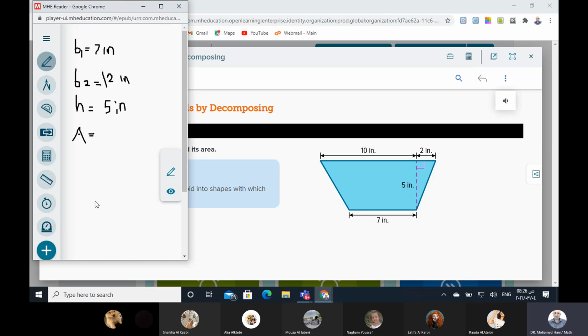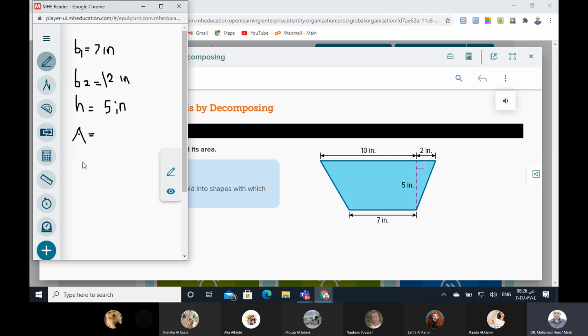Very important to know the rule. From where does the rule come? From adding the areas of the triangles. Here we have a triangle and here we have a triangle, the areas of 2 triangles, then the area of the rectangle here.